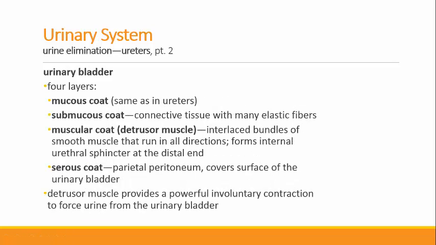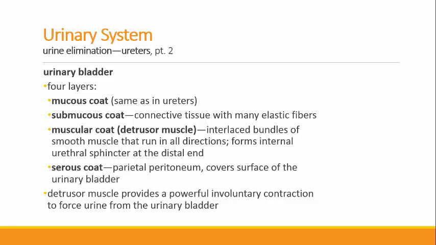Okay, so continuing on now, the next structure in the flow of urine is the urinary bladder. And there are 4 coats to the urinary bladder. Again, starting from the interior, there is the mucous membranes of the mucus coats, and it is continuous with the ureters. It's also built of transitional epithelium.